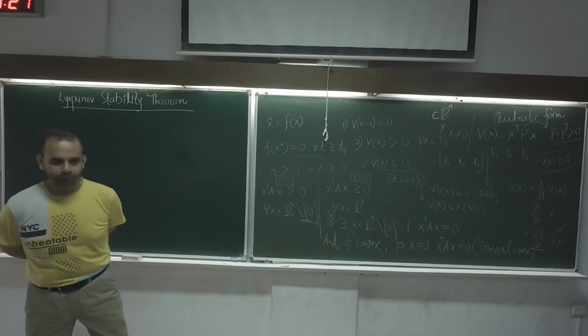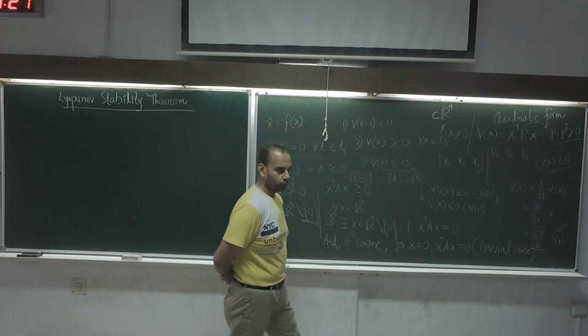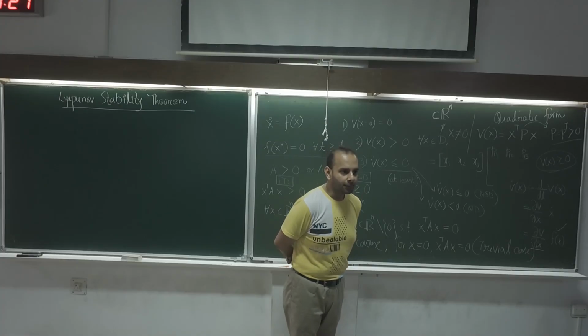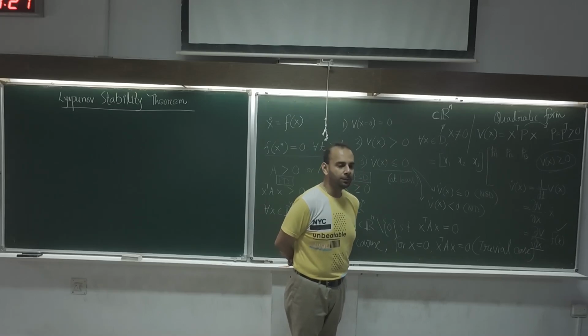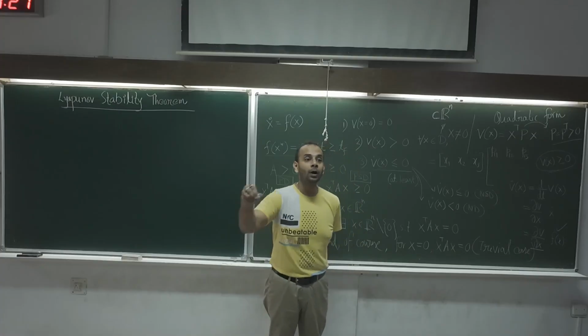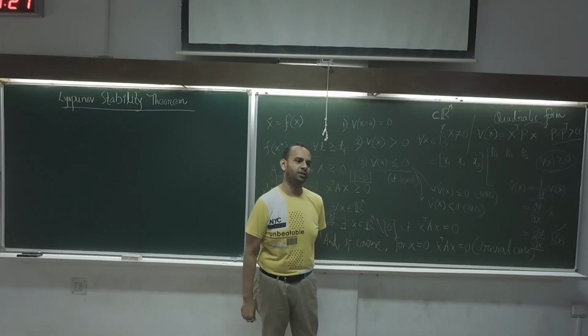Because if V of x equals 0 already, then we don't need to apply the stability theorem because its energy is already 0, so it cannot decay any further. So you should say it is already at the equilibrium point. Or otherwise, if you consider the energy to be positive semi-definite, then of course at the equilibrium it would be 0, and then the difficulty of local minima points will come into the picture.